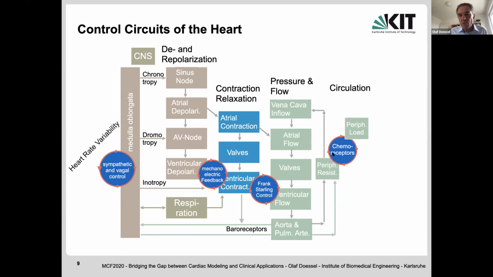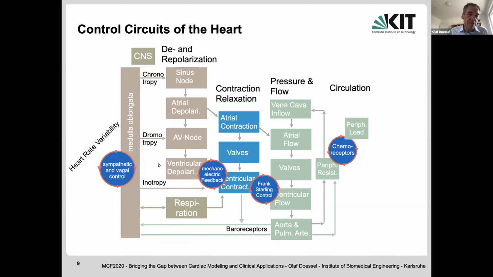Here we have a control with chemoreceptors, so we have to take into account that the peripheral load is changing continuously. So if you climb upstairs, immediately the peripheral load will change. So we have a changing peripheral resistance. And here we have the sympathetic and the vagal control, which we normally do not include in our computer modeling.